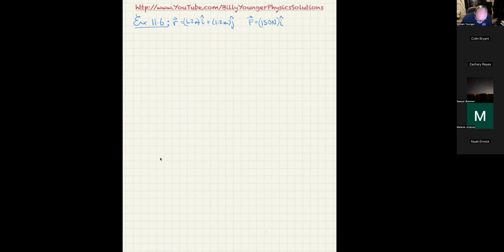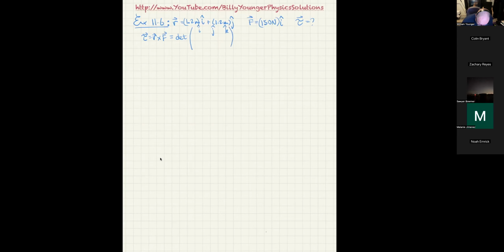So what we know is torque is equal to r cross F, and what we're asked to calculate is the torque. Now, the r cross F is actually a determinant of a matrix. That's the way we're teaching you to do it. And that matrix is made up of the first row being an i hat vector, then a j hat vector, and then a k hat vector.